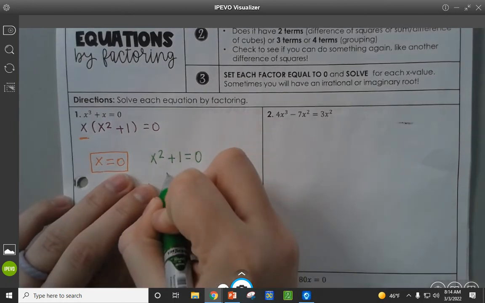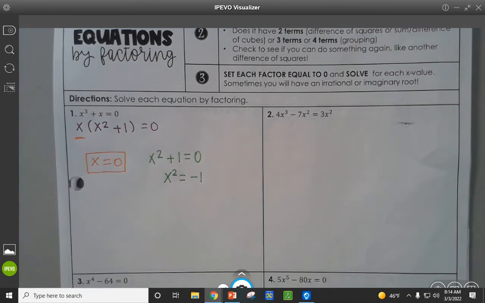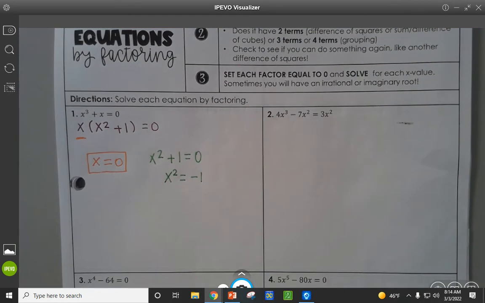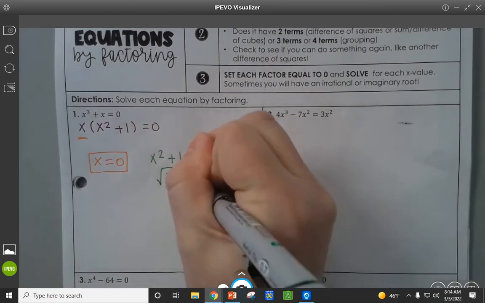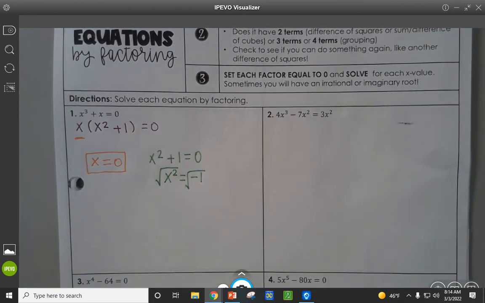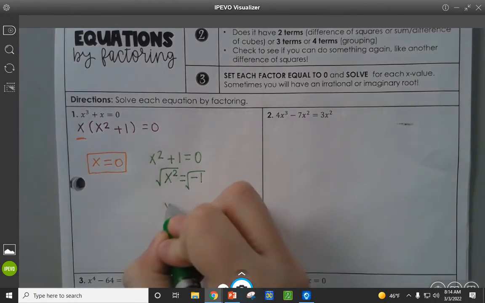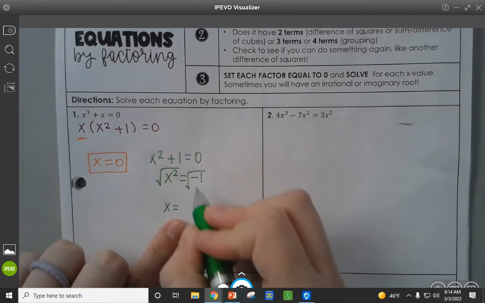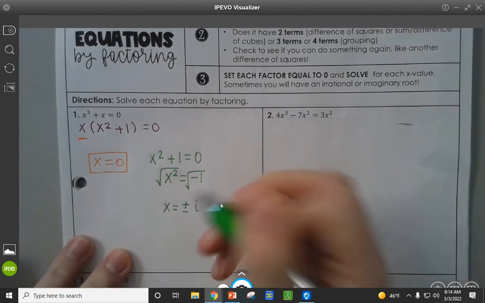So if we subtract 1, we get x squared equals negative 1. And to get x by itself, I take the square root of both sides. What do you remember about the square root of negative 1? It's i. So x equals, just like we did before, plus or minus i.